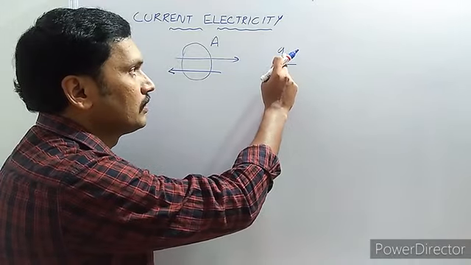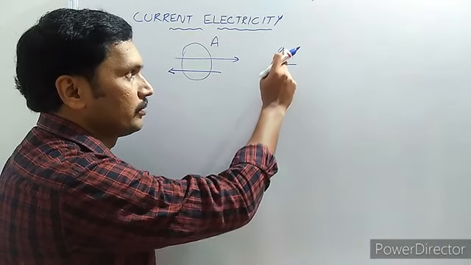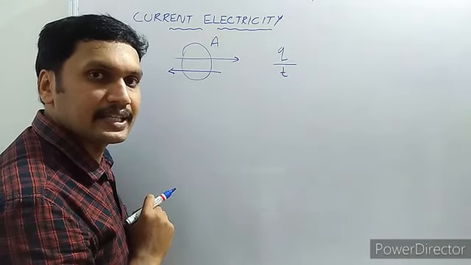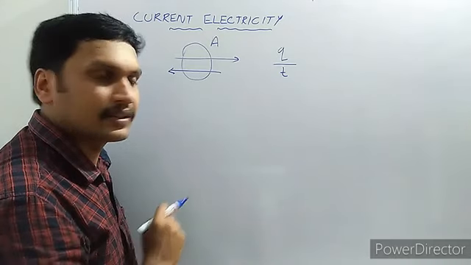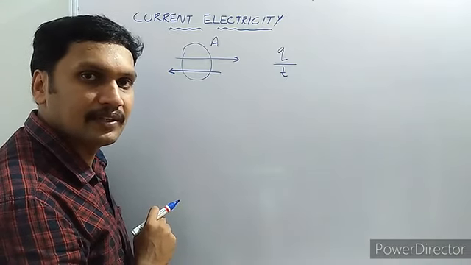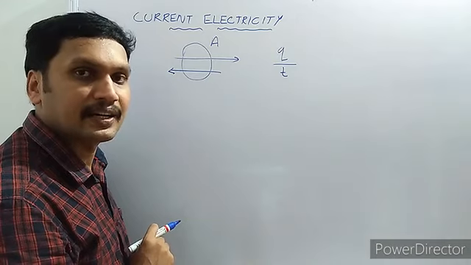Then the ratio between Q and t actually measures the amount of charge that flows normally through this area in a unit time, and that is known as electric current.